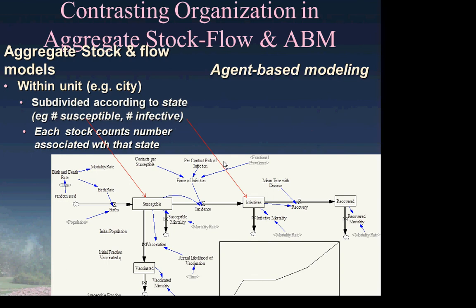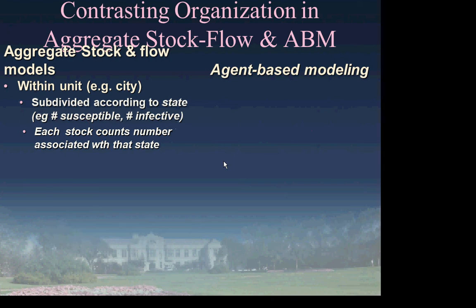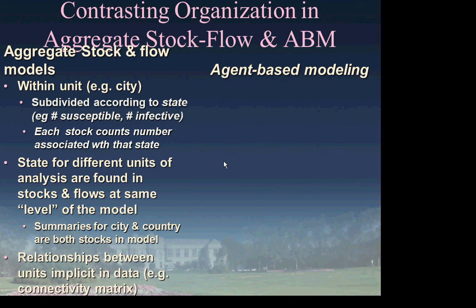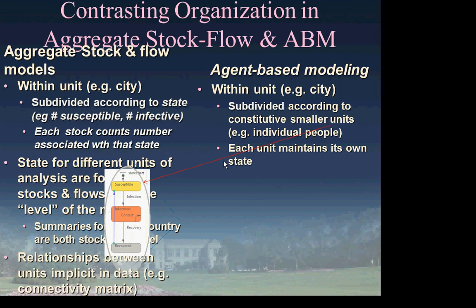It's not at a higher level, explicitly or visually. It's just another variable in the model. And we might have susceptibles in city 1, infectives in city 1, recovereds in city 1, susceptibles in city 2, infectives, etc. And they'd be just different variables within the model, and we could sum them up, and we'd find them at the same level of variable. And the relationships between the units is implicit in the data. For example, we might have a connectivity matrix.